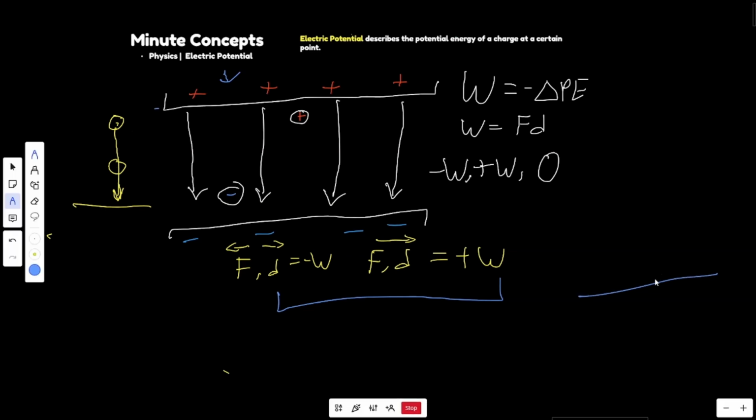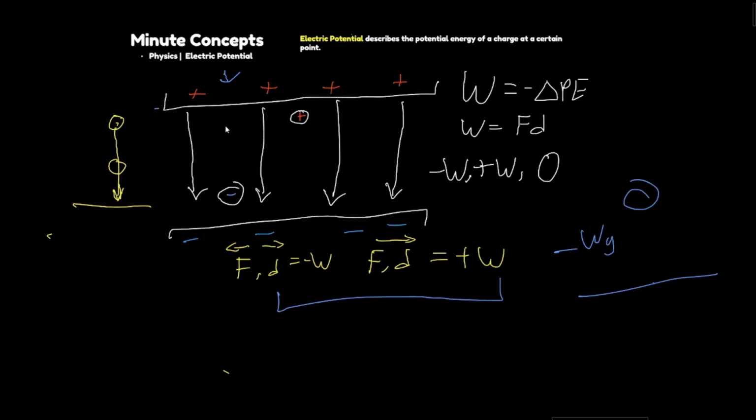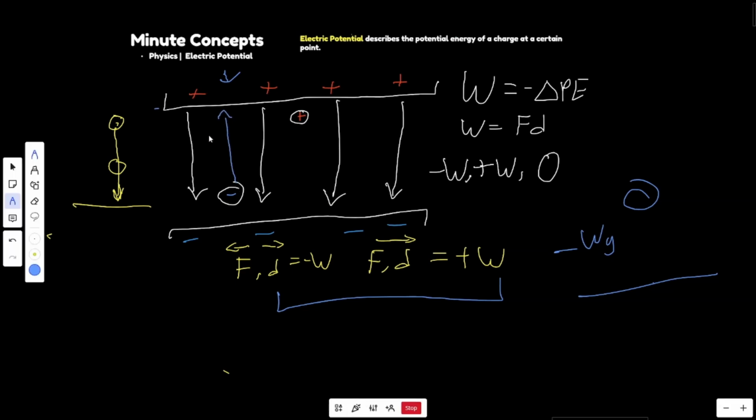When we lift a ball up from the ground, gravity does negative work. So negative work done by gravity, right? Here, we're lifting it up, so it's far away, and there's negative work. Now, how about the potential energy? The potential energy is high.